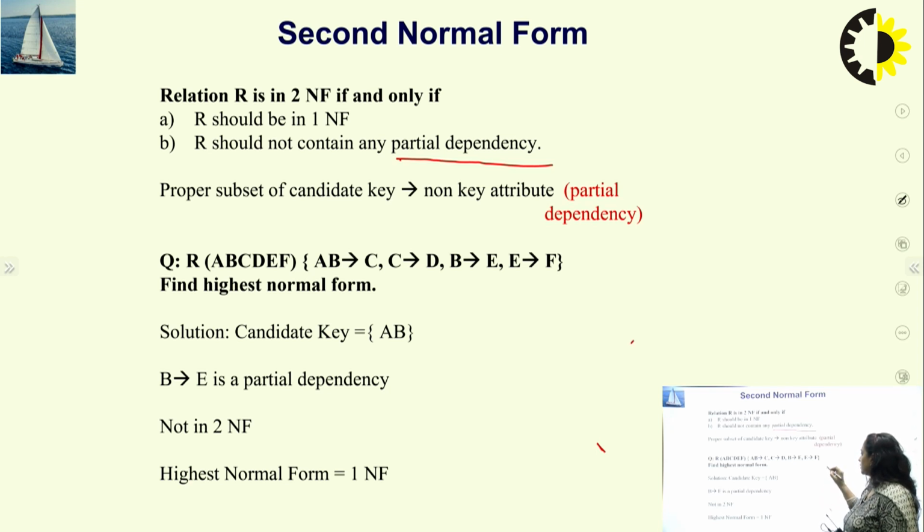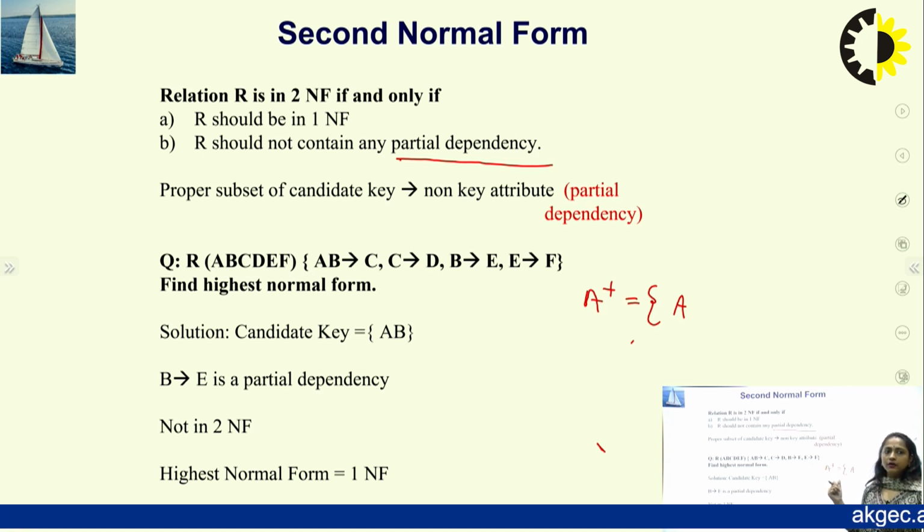So let's find out the closure. If I find the closure of A, the single attribute A cannot derive any other attribute. So we can try the combinations as well.